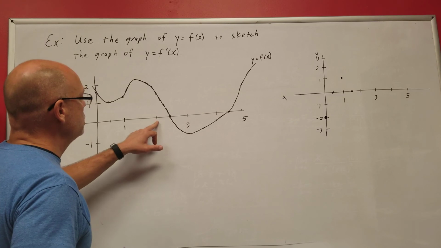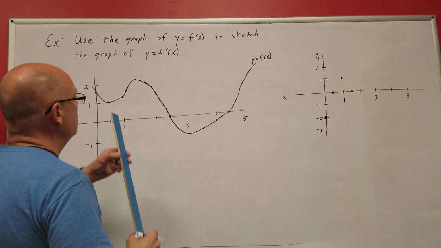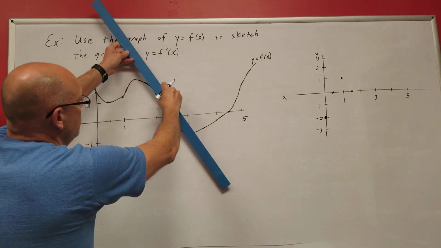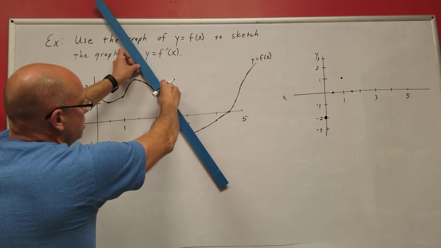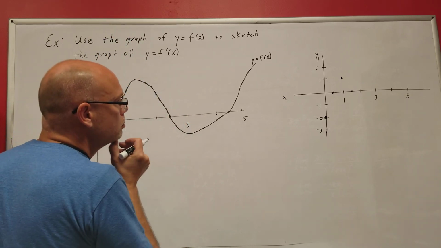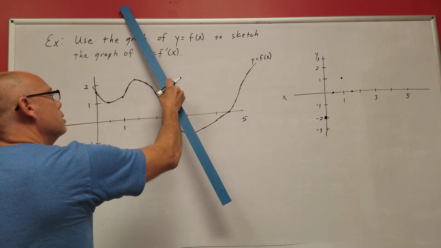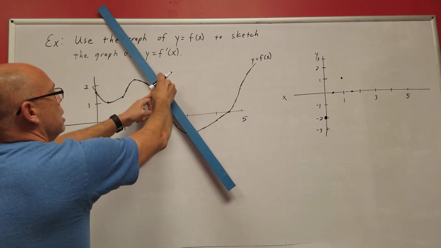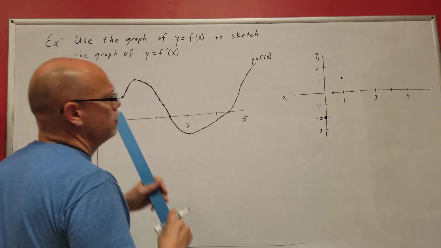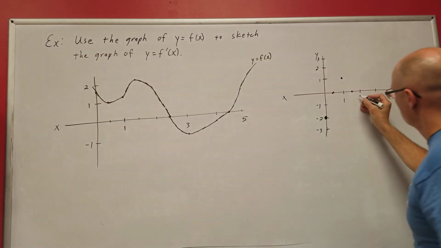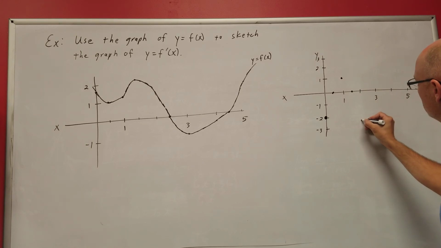Now what about at 2 here? At 2 here, what is the slope of my tangent line? Oh, very steep, huh? Maybe it's like -3, maybe -2.5. Slope of my tangent line at 2. Maybe I'll say -2.5. At 2, I'm at -2.5.